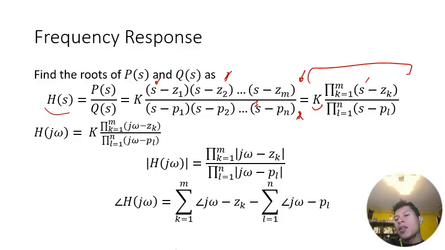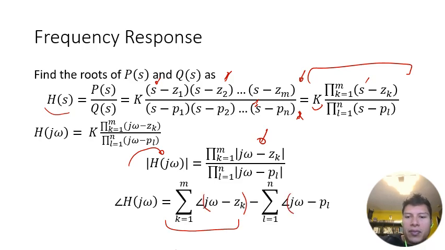Basically both of the polynomials can be written as a product of monomials. As a result, when I look at the magnitude, I just take the magnitude of the individual monomial terms. And when I look at the angle, I just have to look at the angles of the individual monomial terms and subtract the denominator terms.